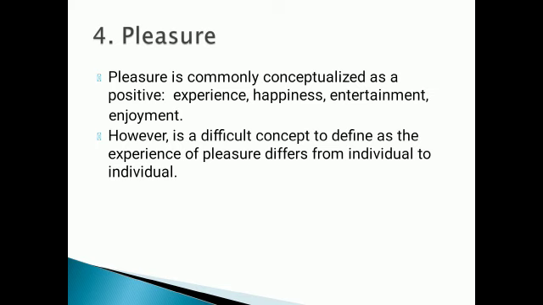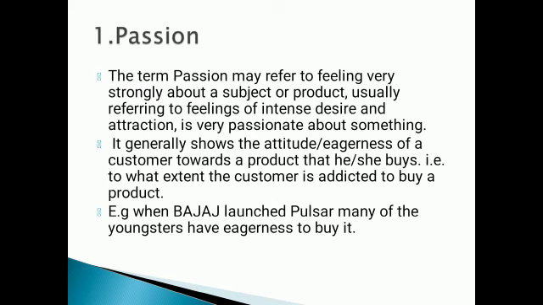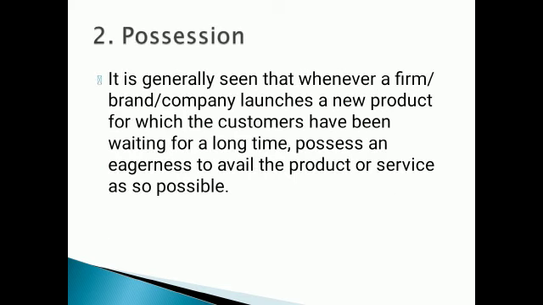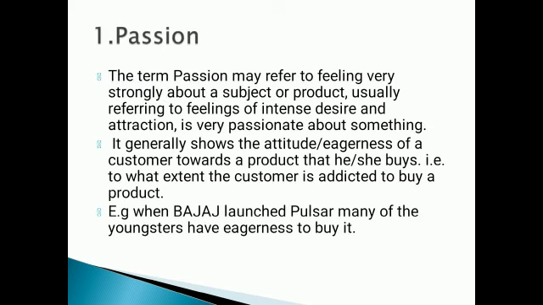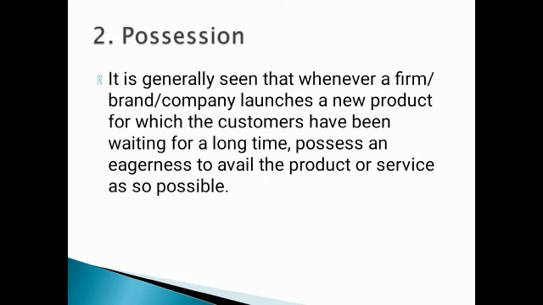So total 4 P's. One is fashion, second one possession, third one is place, and fourth one is pleasure. Now what is fashion? Fashion is nothing but strong feeling or eagerness or intense desire to purchase one particular product, right? Then possession is nothing but whenever a company launches a new product, the customers usually wait for that particular product in an eager manner.